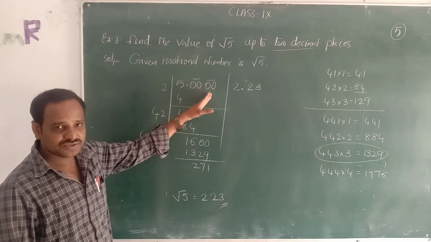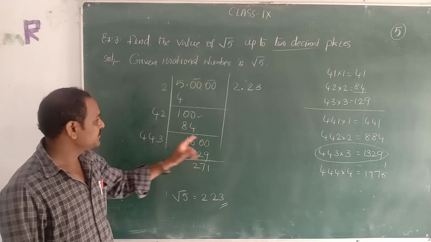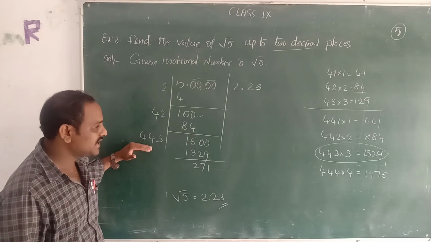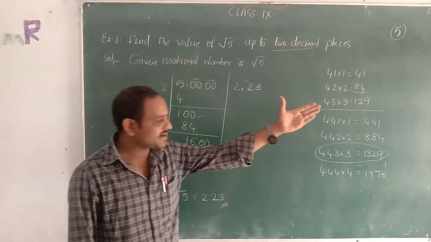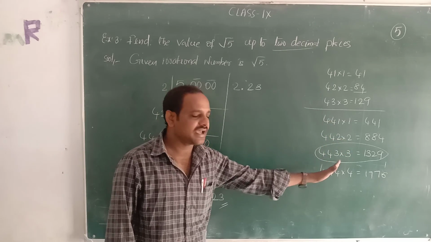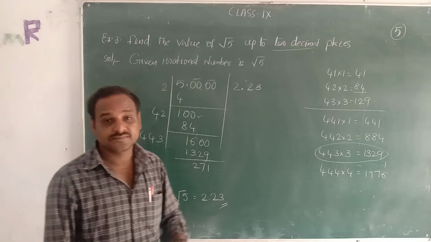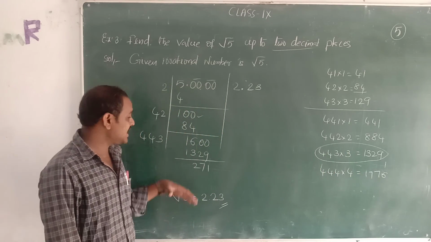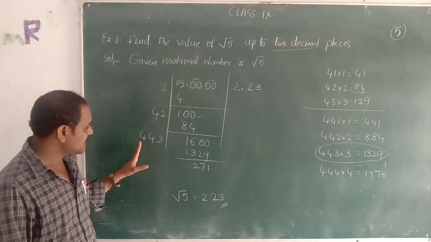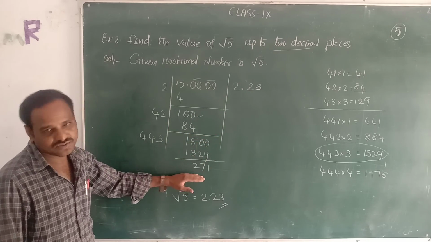Now again I took another pair of zeros. Then we got 1600. Now 42 plus this 2, 44. So 441 1 time is 441, 442 2 times 884, 443 3 times 1329, 444 4 times 1776. Which is the closest and less than 1600? 1329. So I took 443 3 times 1329. By doing subtraction, we got 271.